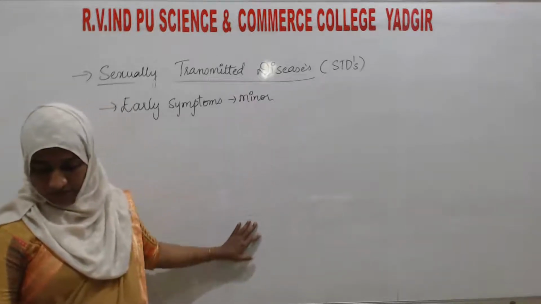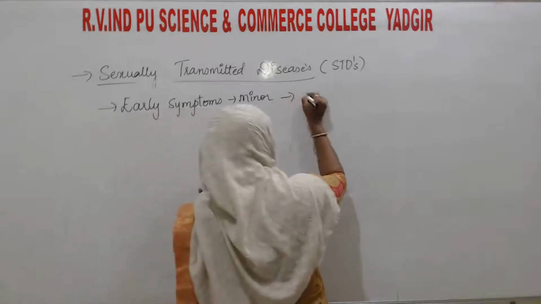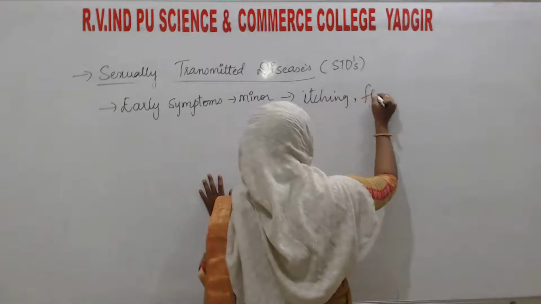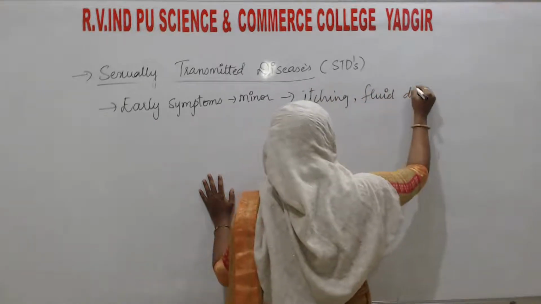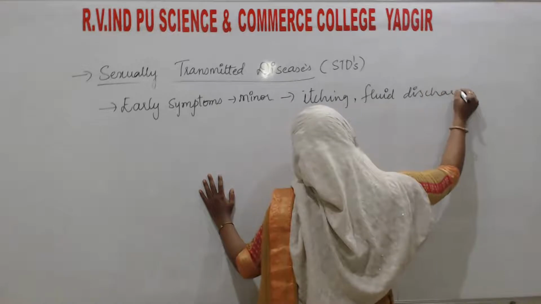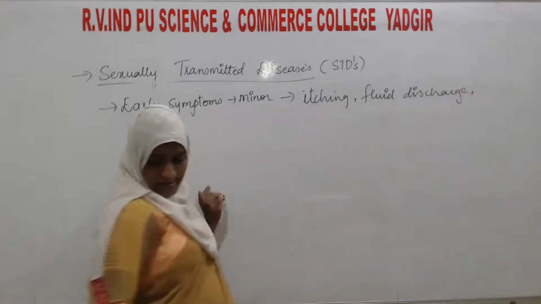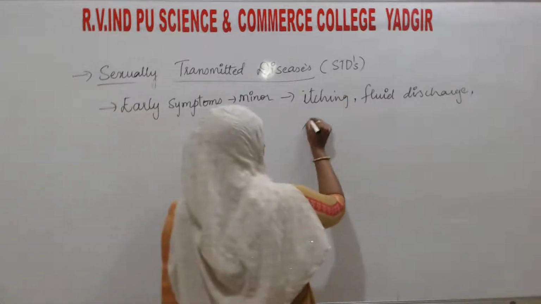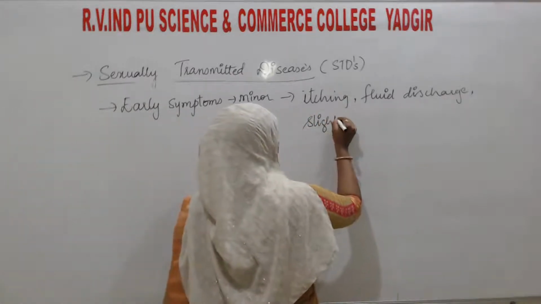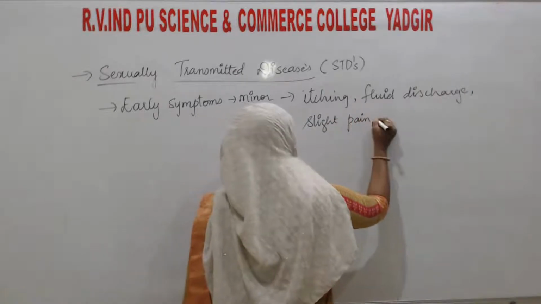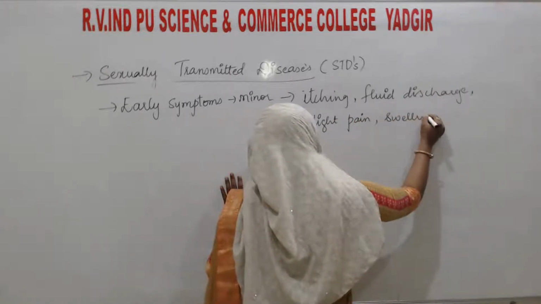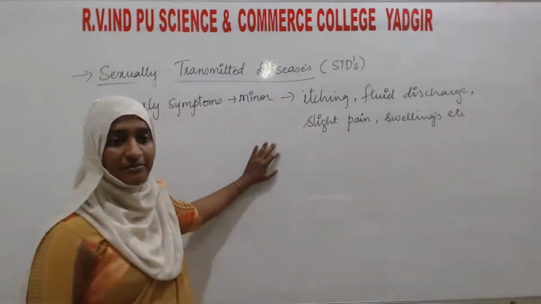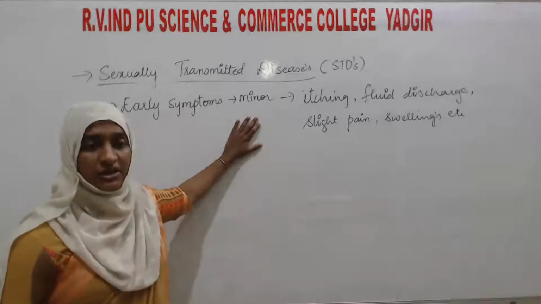They include itching, fluid discharge, slight pain, swellings, etc. These are the minor symptoms of the sexually transmitted diseases.